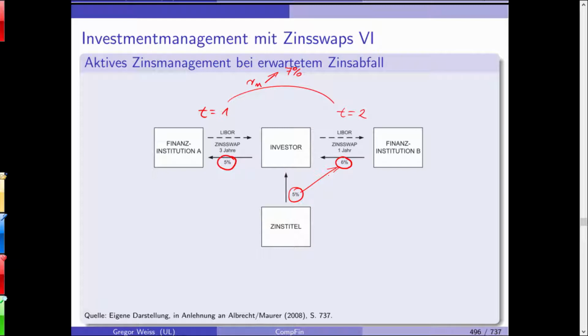You also have the Euribor, the European Union interbank offered rate. The LIBOR is not a pretty good example because it is now known that Deutsche Bank quite successfully manipulated it. What they did is, because they are a major player in this market, they just published wrong interest rates.